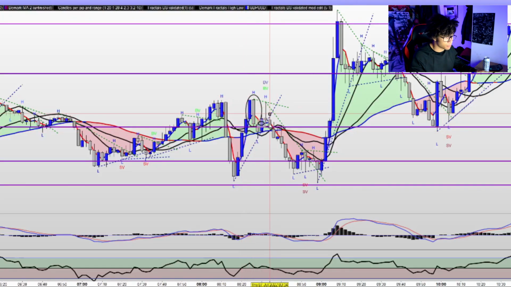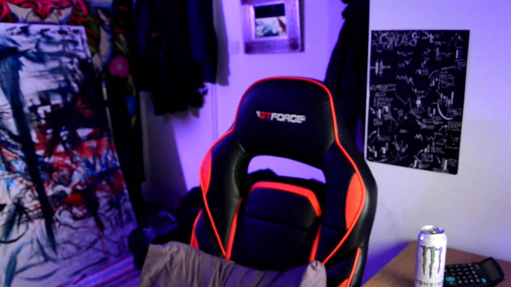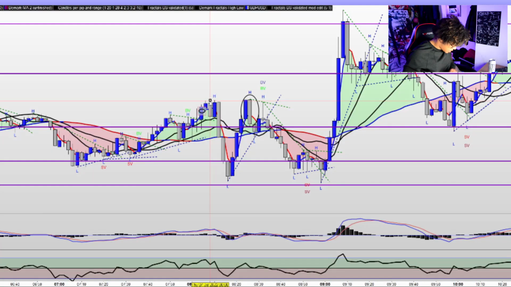So we've got a bearish engulfing, and then we've got a shooting star or morning star, you know what, I don't even know, let's find my book. Ah, there we go. It's called an evening star.